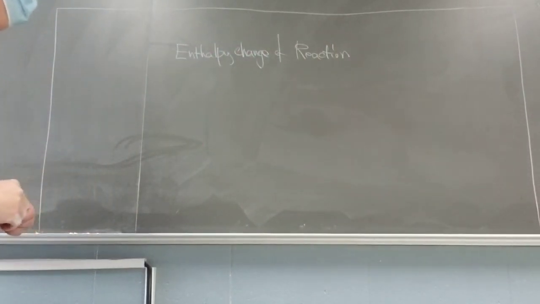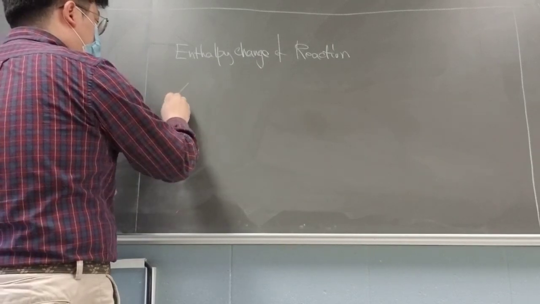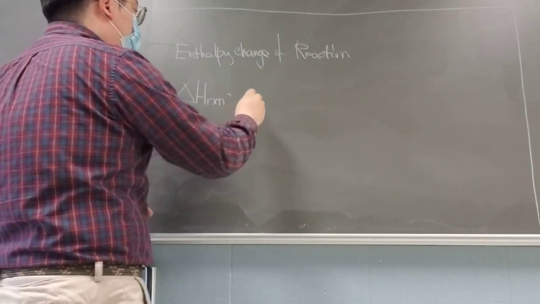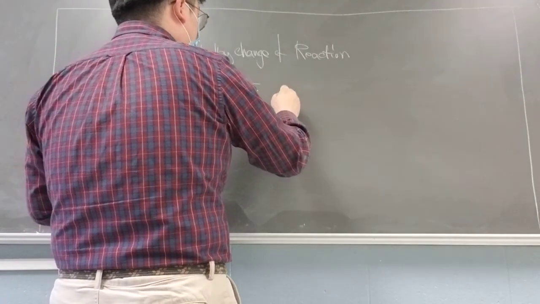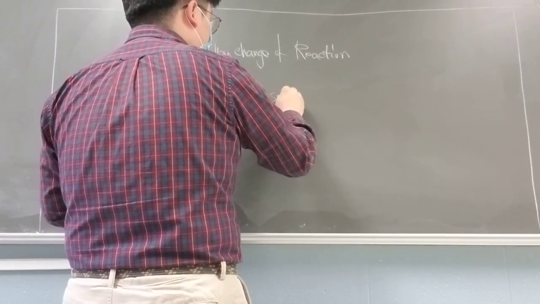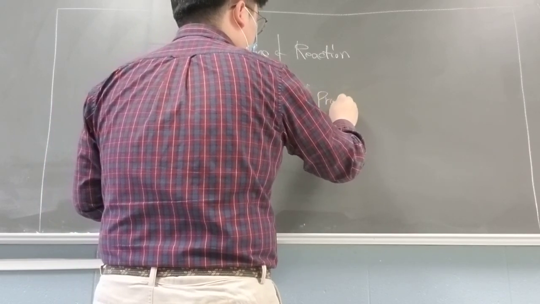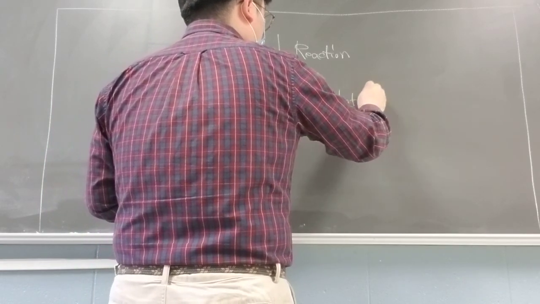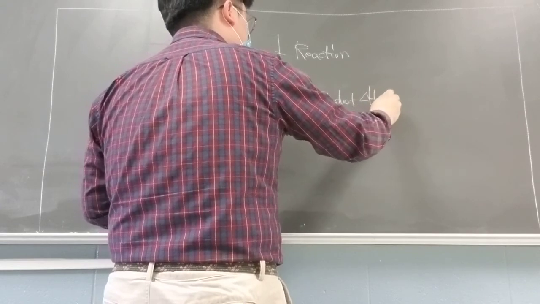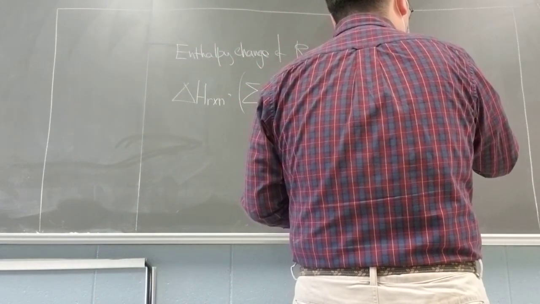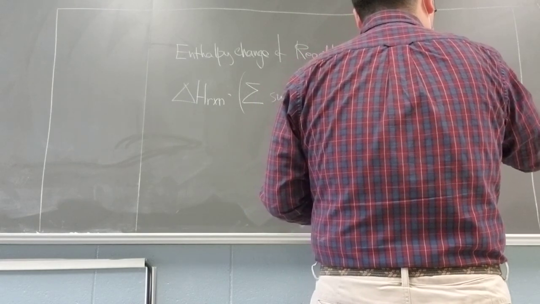So we actually talked about the simple rule: the enthalpy change of the reaction should be equal to the sum of your products' enthalpy change of formation, minus the sum of the reactants'.